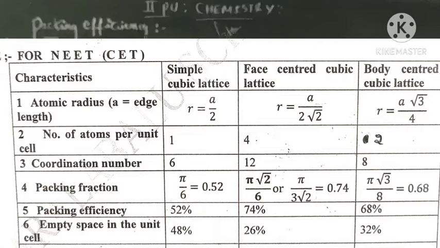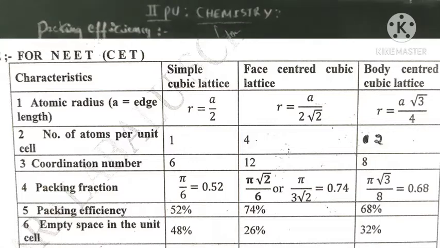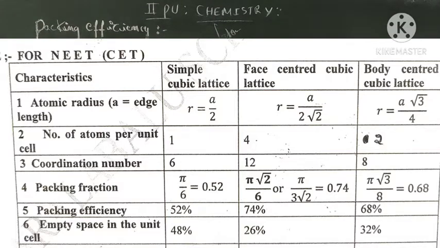Then the third one, coordination number. You can check the coordination numbers in the previous videos. Simple cubic cell is 6, the face-centered cubic cell is 12, and the body-centered is 8. Okay, packing fraction. The packing fraction of simple cubic is pi by 6, which is 0.52.